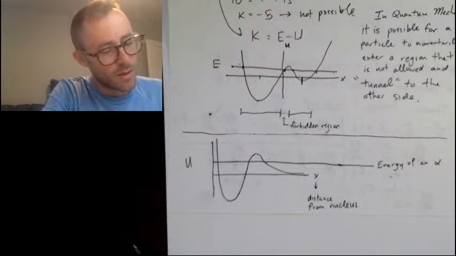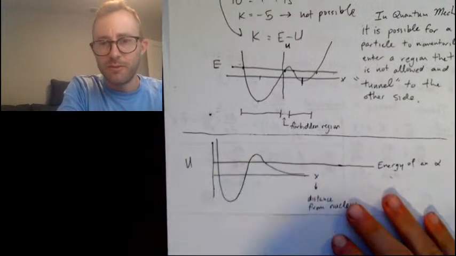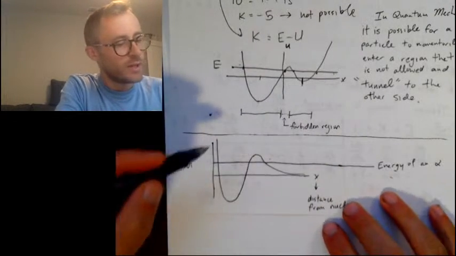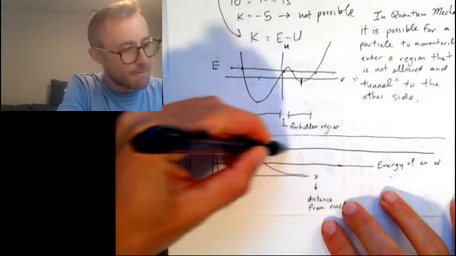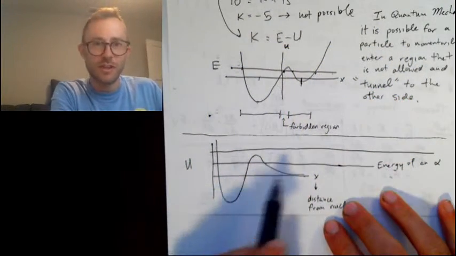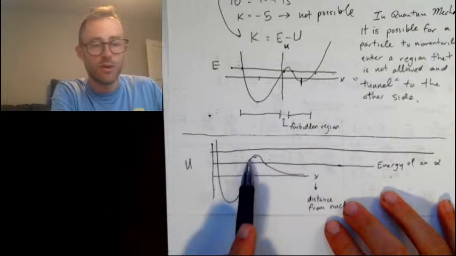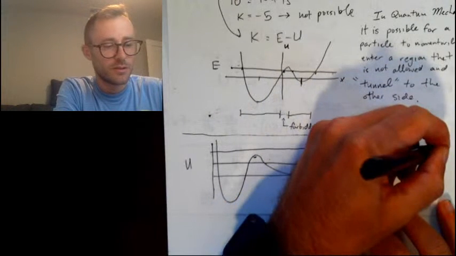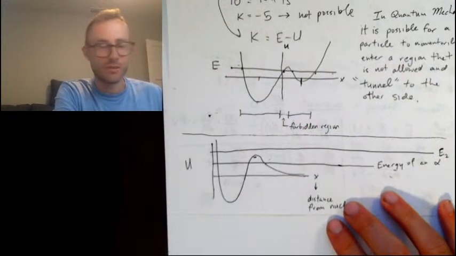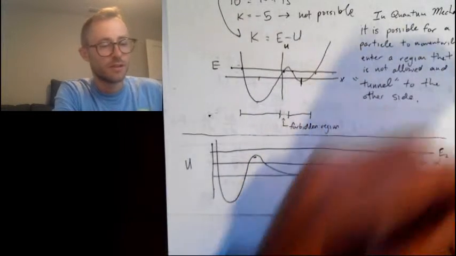But what if we gave the alpha particle more energy, and it actually has enough energy to get over the hump? So this is a different amount of energy. This is E1. This is more energy.